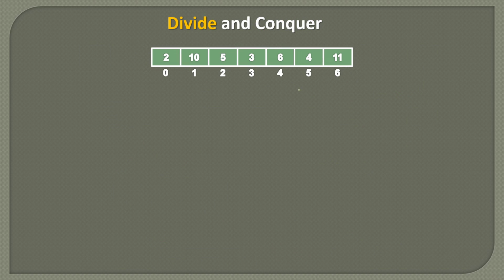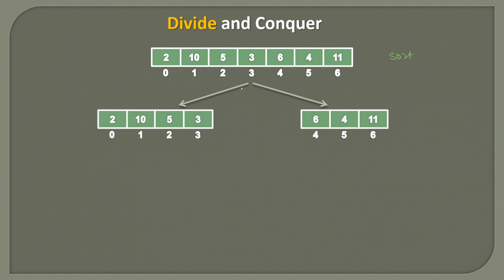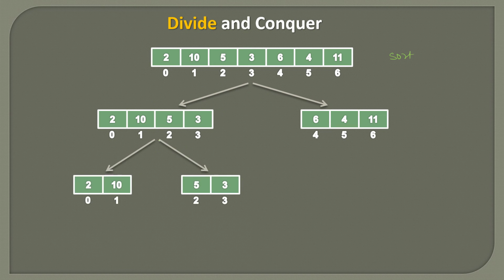We'll go through this one more time. We saw that this was the problem given to us and we wanted to sort it using merge sort. So here we evaluated the midpoint of the array and broke it down into two smaller sub problems recursively. It breaks it down like this and then recursively it goes here. It breaks it down like this and then again recursively goes here.